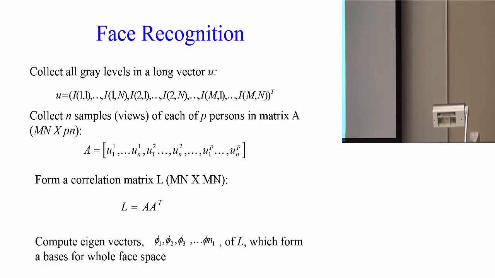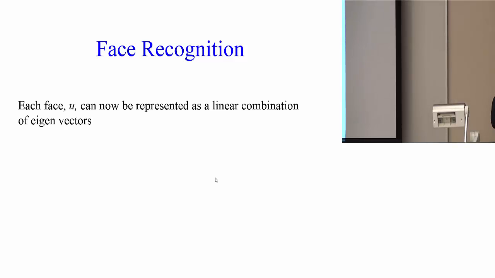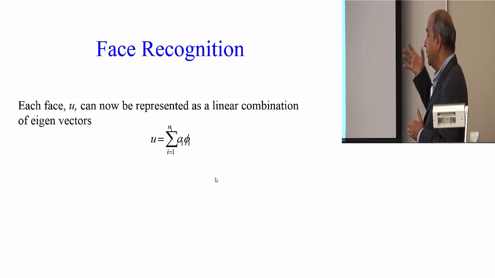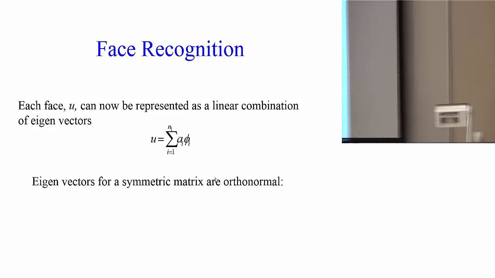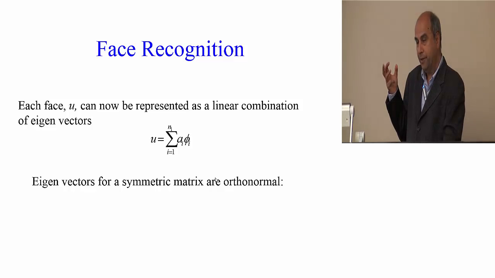So that is what we are going to do, and therefore each face is represented as a linear combination of eigenvectors like this. So once we find eigenvectors, then any face can be represented as a1 phi 1, a2 phi 2, where the a's are the coefficients and the phi's are the eigenvectors. And now the L matrix, which we found, A transpose A, is a symmetric matrix.